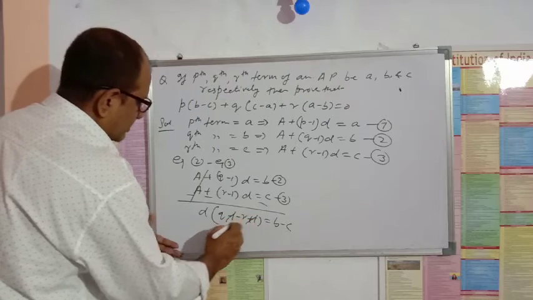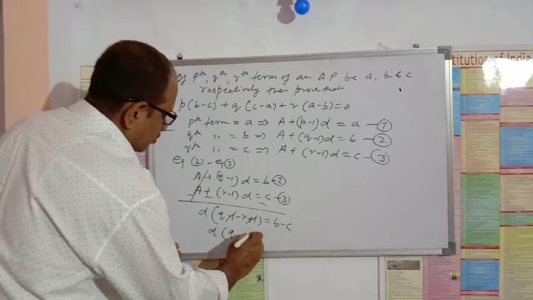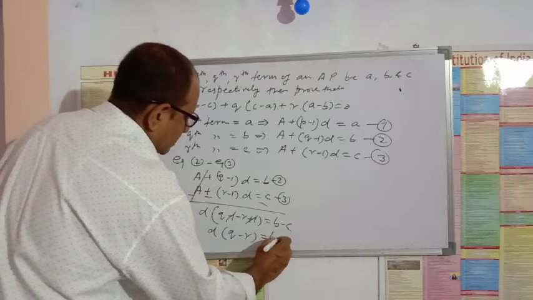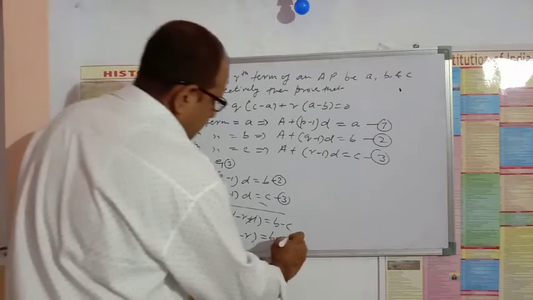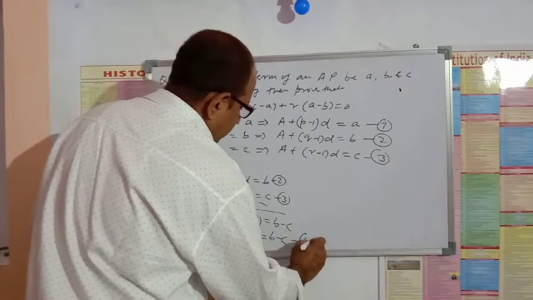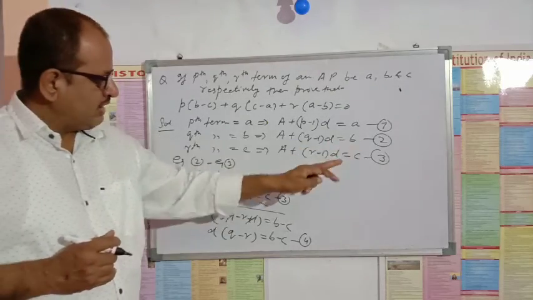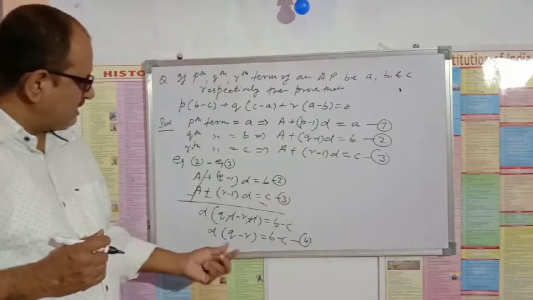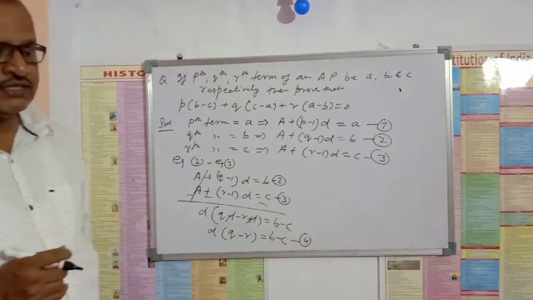Minus 1 plus 1 cancel. So d(q minus r) is equal to b minus c. Make it number 4. So equation 2 minus equation 3, we are getting d(q minus r) is equal to b minus c.